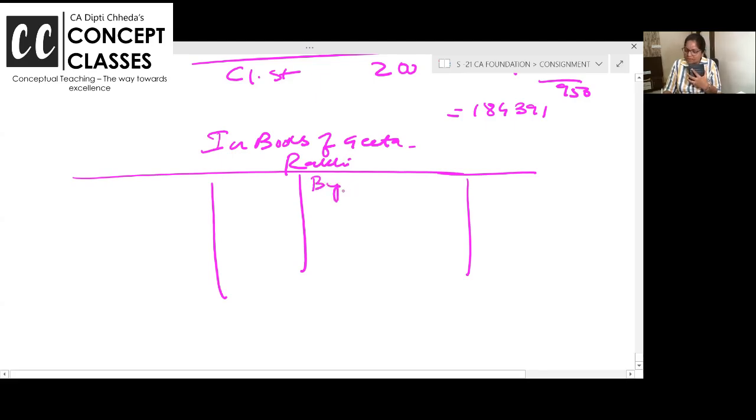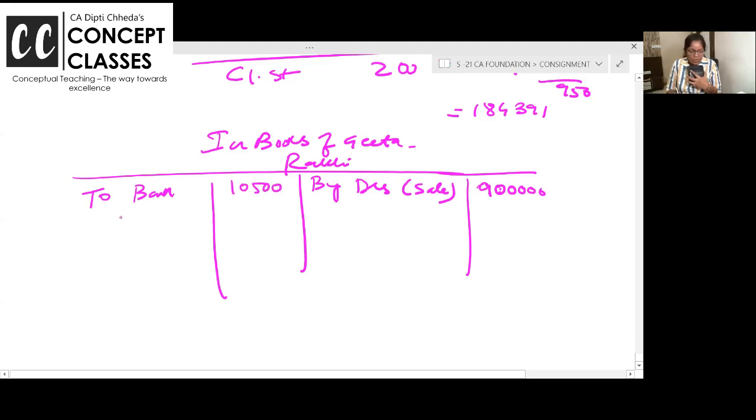Party to sales. So 9 lakh. By data, this side. To bank, what expenses they have incurred.